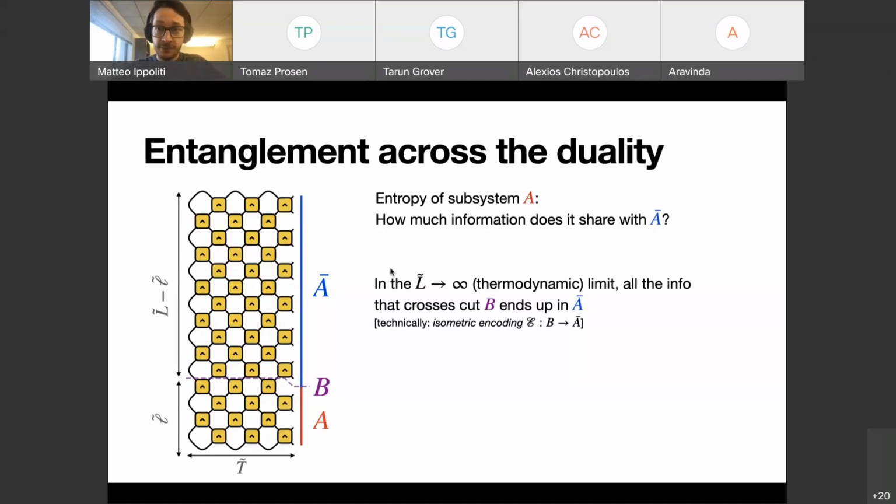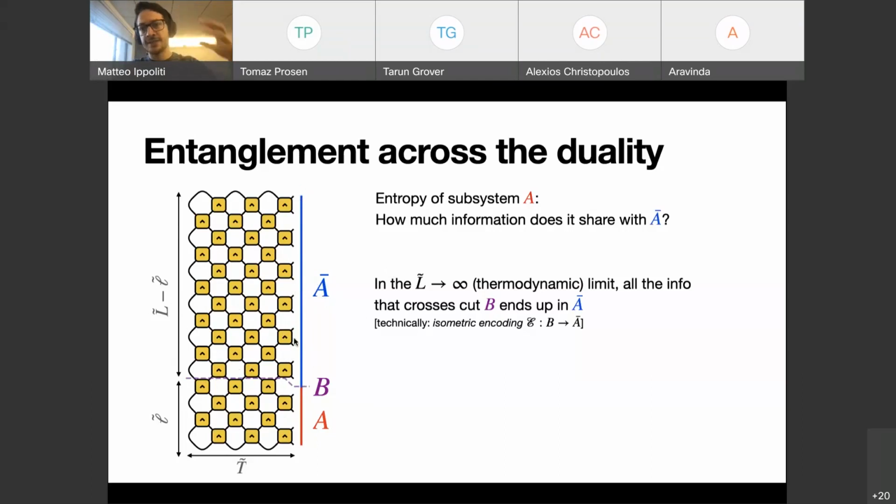The key simplification that comes into play here is that in the limit in which this complementary region, A bar, is taken to infinity, so we consider a finite subsystem embedded into an infinite complement, then there is an isometry between the qubits that live at this entanglement cut B and the qubits that live in A bar.